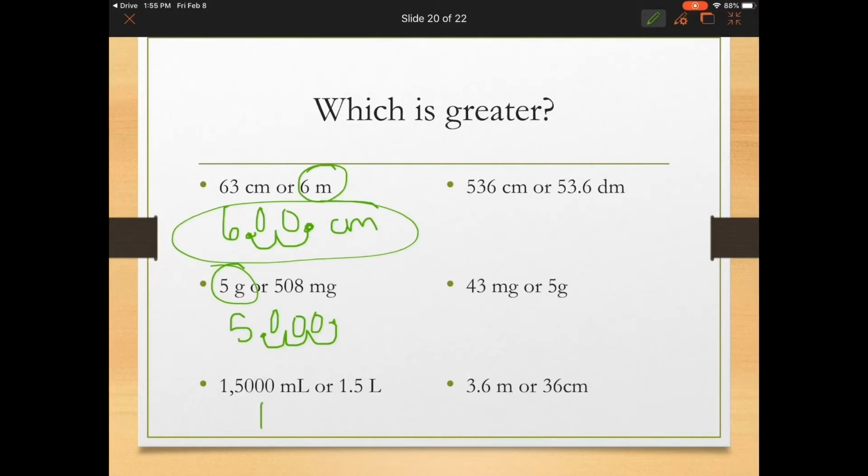So let's try that with our liter number, 1.5. 1, 2, 3. Add 2 zeros. So now we have 1,500 milliliters versus 1,500 milliliters. So they are the same. Neither one is bigger.